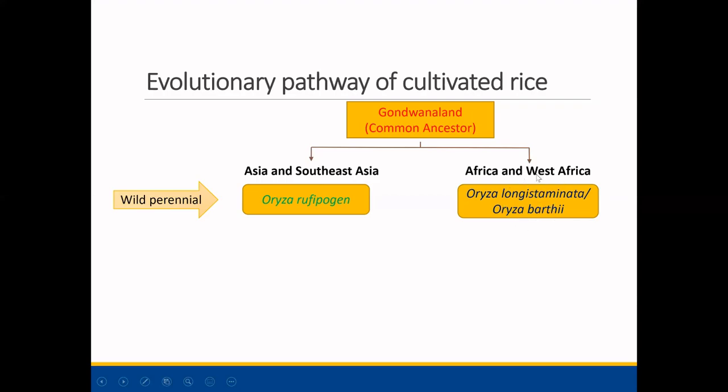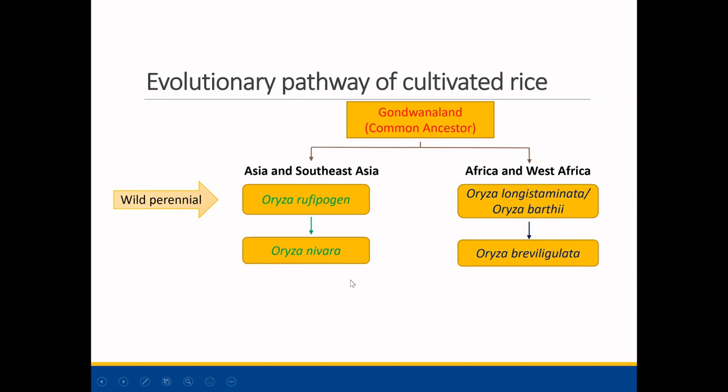This is the wild perennial type. The wild perennial started in these two different places, and from each of them we had the next types. The earliest one was the perennial type.